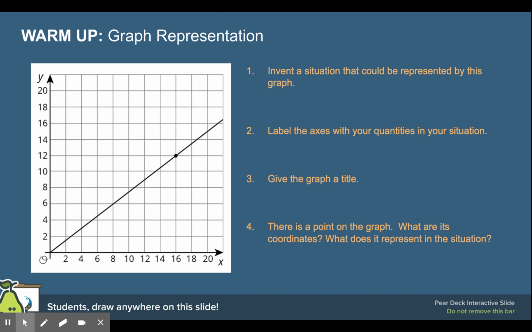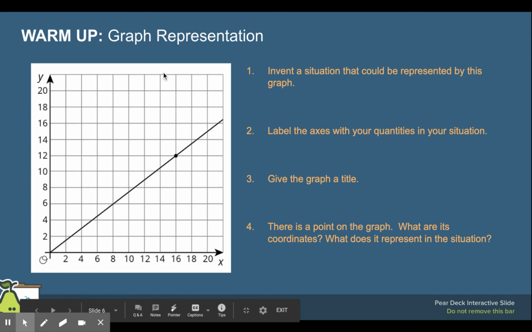After that, let's label these axes with quantities. So if I chose time for my X, because time is independent, time's going to keep going. What's dependent is the distance. So distance would be my Y, because how far I travel depends on my time.